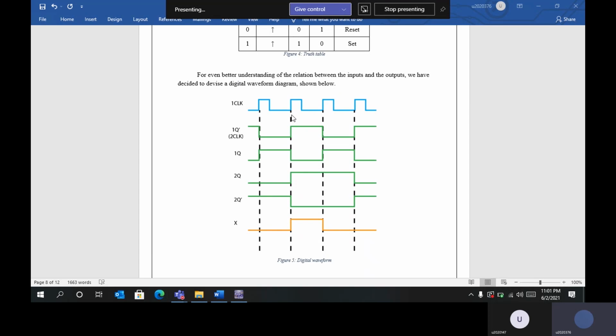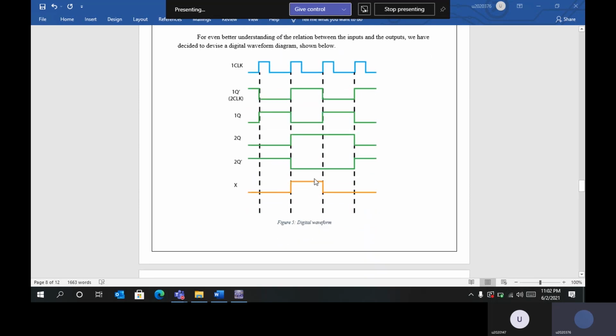When the second rising edge arrives, it toggles the state of the flip-flop, and Q naught 1 of the first flip-flop toggles to 1, and the 2Q also toggles to 1, and both of these inputs give X. So when these two inputs are 1, X will be 1. That will light up our green light.